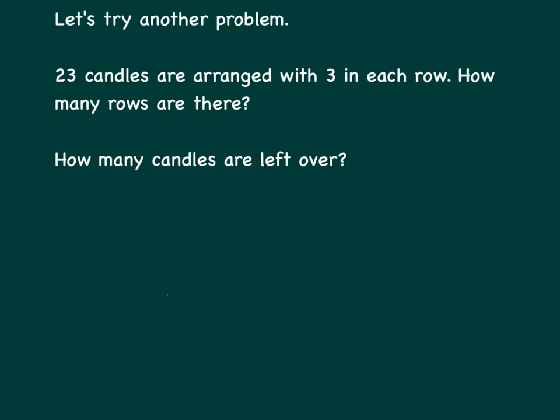So as you can tell, we have to have 3 in each row. So I'm going to start counting: 2, 3, 4, 5, 6, 7, 8, 9, 10, 11, 12, 13, 14, 15, 16, 17, 18, 19, 20, 21, 22, 23.